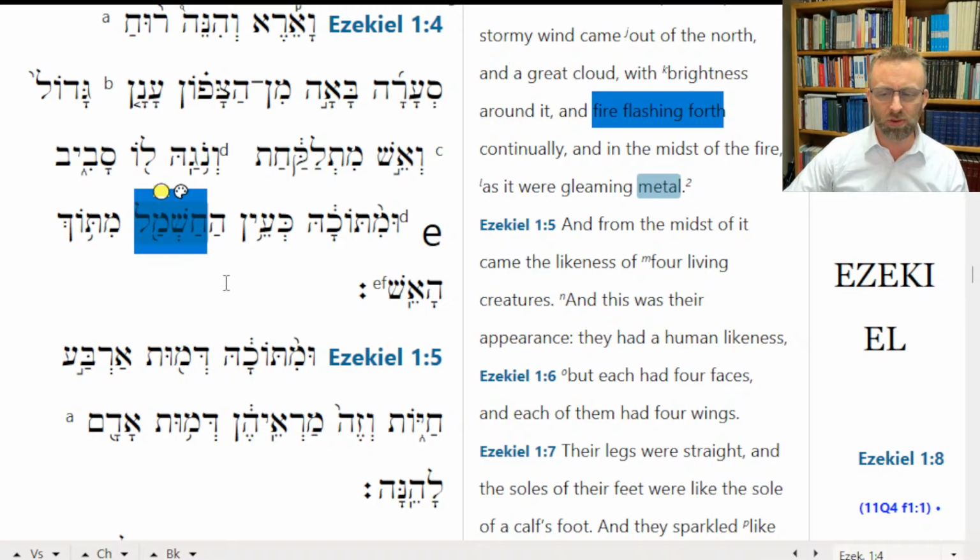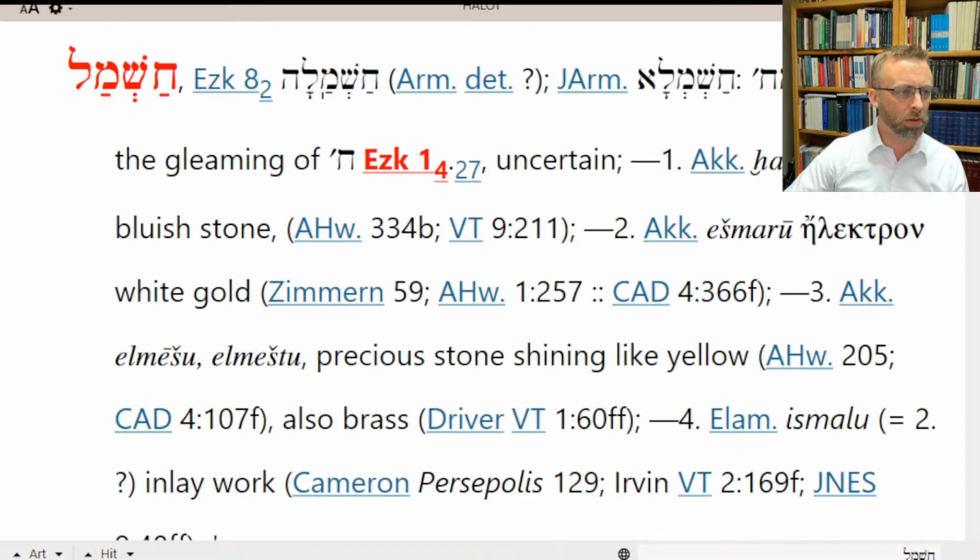The idea is we're not entirely sure what it means in ancient times, but that seems to be the case. If you look, I'll bring up the biblical Hebrew dictionary for you. There we go. When you look at the word chashmal here, we see that it occurs in Ezekiel 8:2.